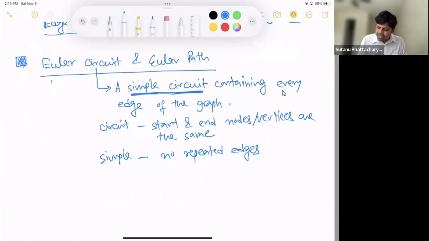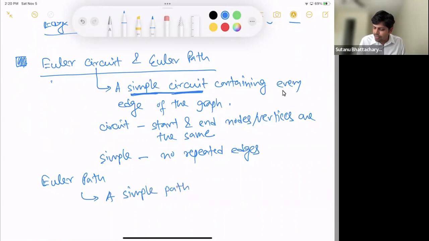And Euler path is the same. Instead of circuit, you need to find a simple path. So Euler path is a simple path containing every edge of the graph.